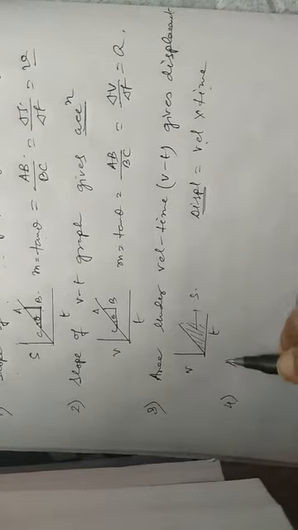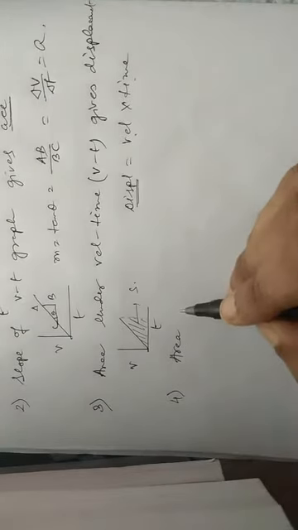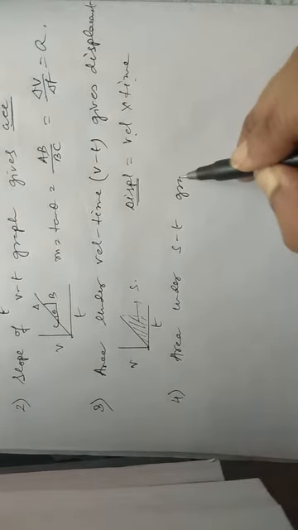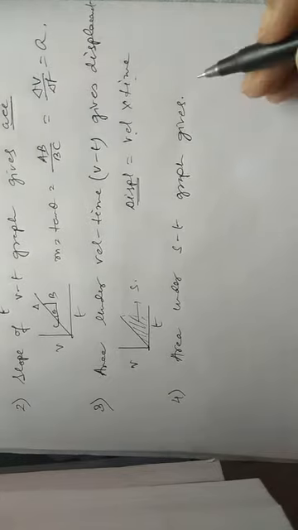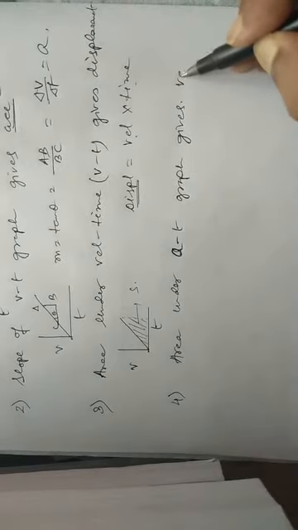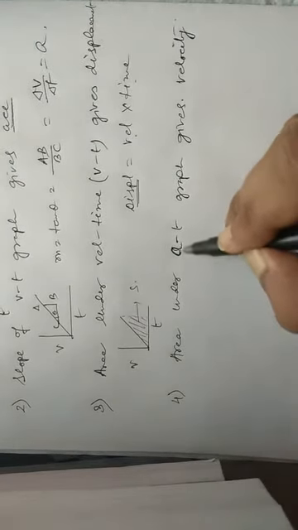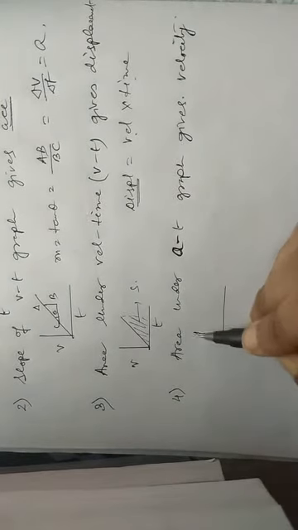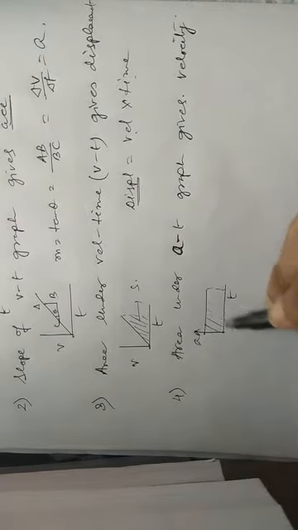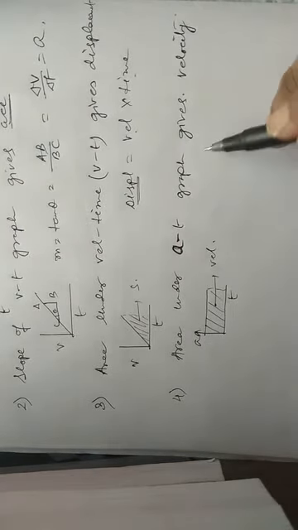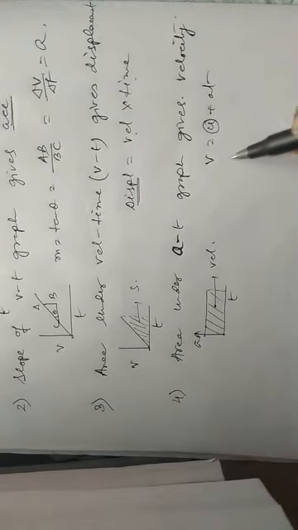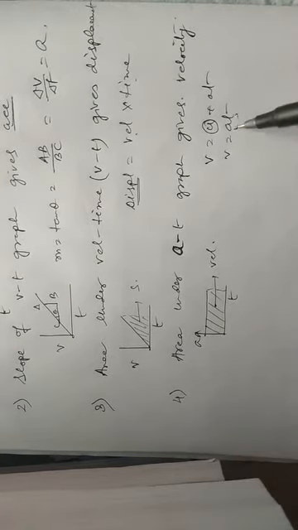Similarly, area under the acceleration time graph gives velocity. Suppose this is a constant acceleration graph. So area under this gives the velocity, because we all know from the formula V is equal to U plus AT. If U is 0, V is equal to A into T. So acceleration into time gives the velocity.